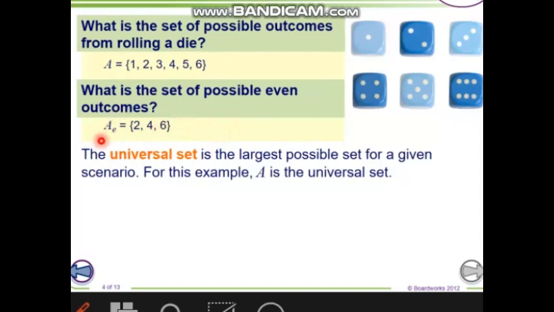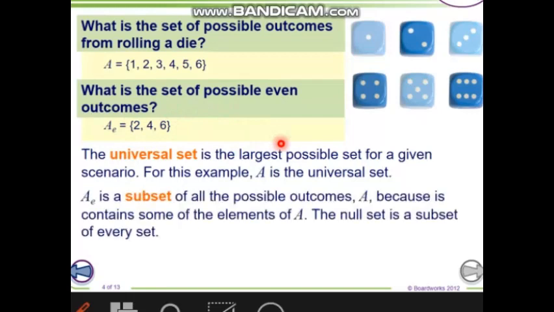Now, since this A sub E comes from the possible outcomes, but has a restriction, the even outcomes, we call that a subset. Okay? Now, A sub E is a subset of all possible outcomes of A because it contains some of the elements of A.